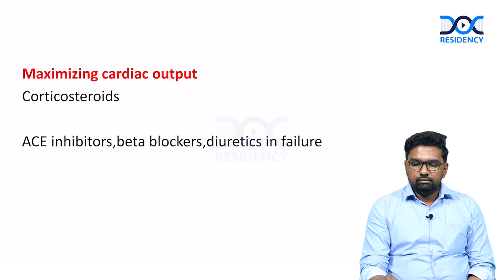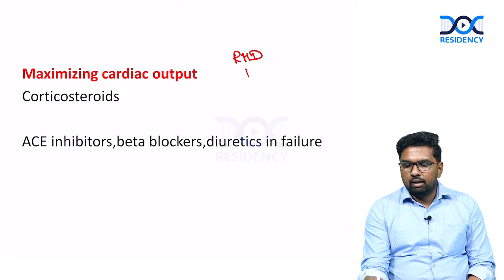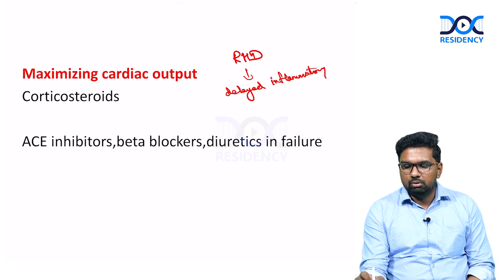So to maximize the cardiac output, what is to be done in case of RHD? Of course, as we all know, RHD is a delayed inflammatory response to an infection by group A beta hemolytic streptococci.